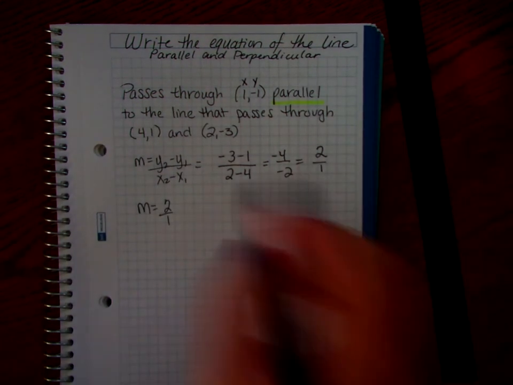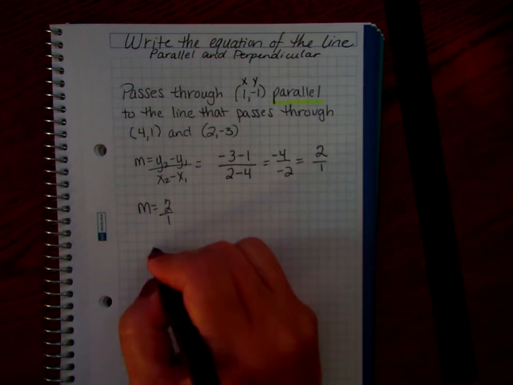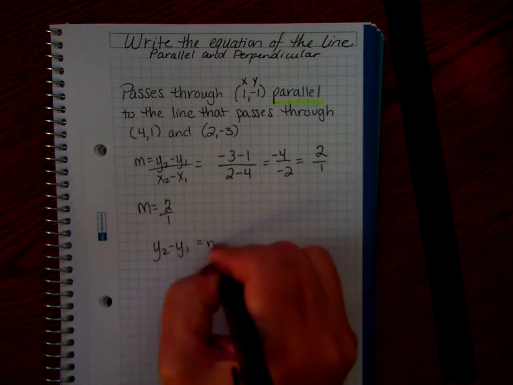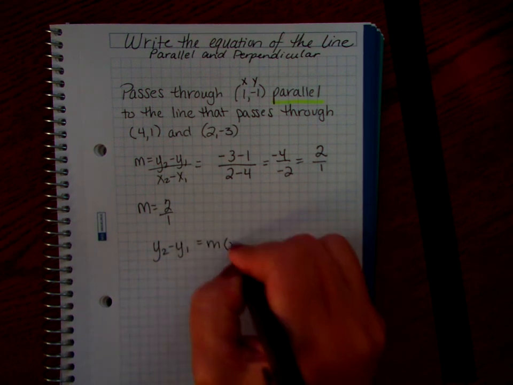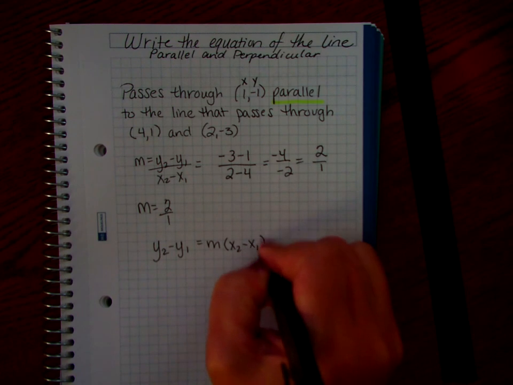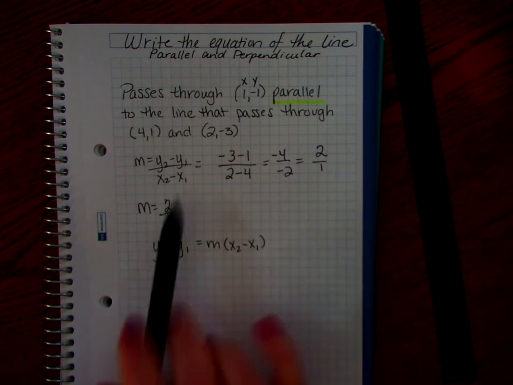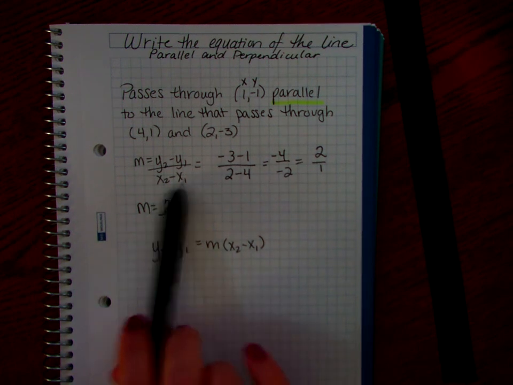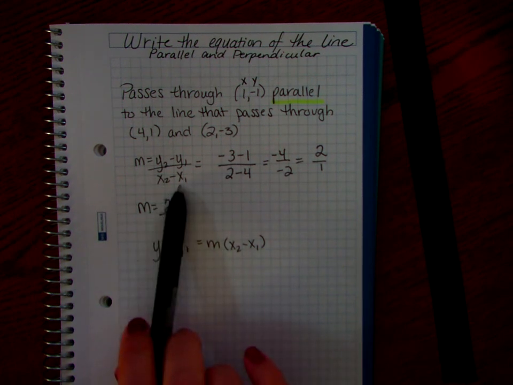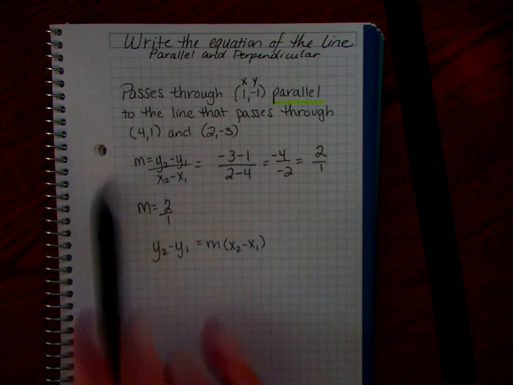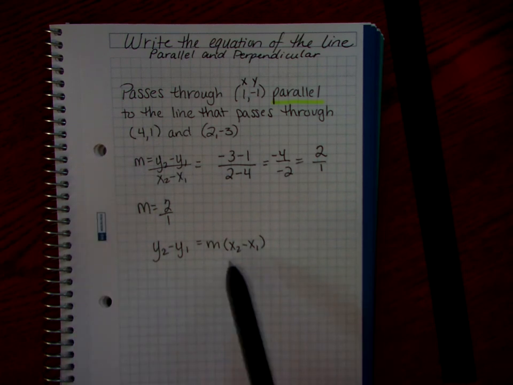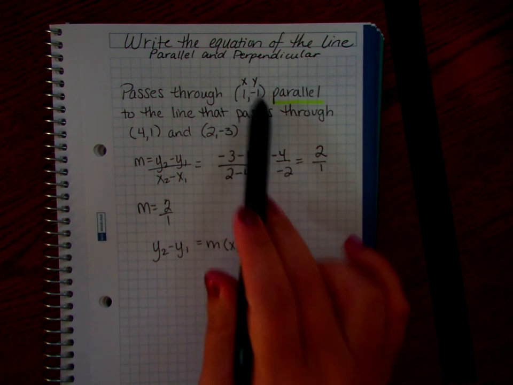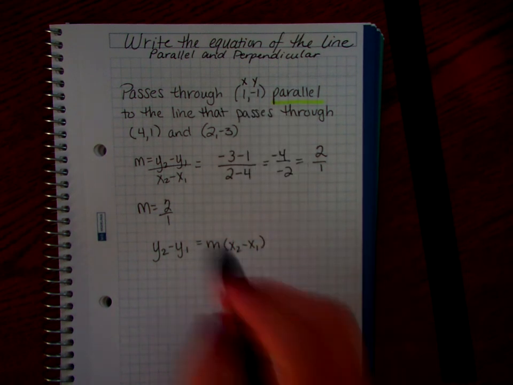So now we are going to use our point-slope formula, which is y2 minus y1 equals your slope times x2 minus x1. Okay? It's the same formula, I just rearranged it. So instead of dividing by x2 minus x1, I multiplied it to the other side. So now it's with my slope. So I have my m, I have one x and one y. So I'm just going to plug everything in.